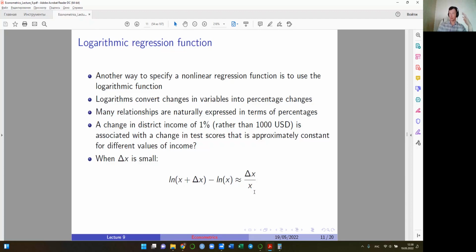Again, this is not an exact equality, but if delta x is small, it is fine to treat this change in logarithm as a percentage change in the variable. And this is needed to correctly interpret the meaning of regression coefficients, because the meaning of regression coefficients now changes.